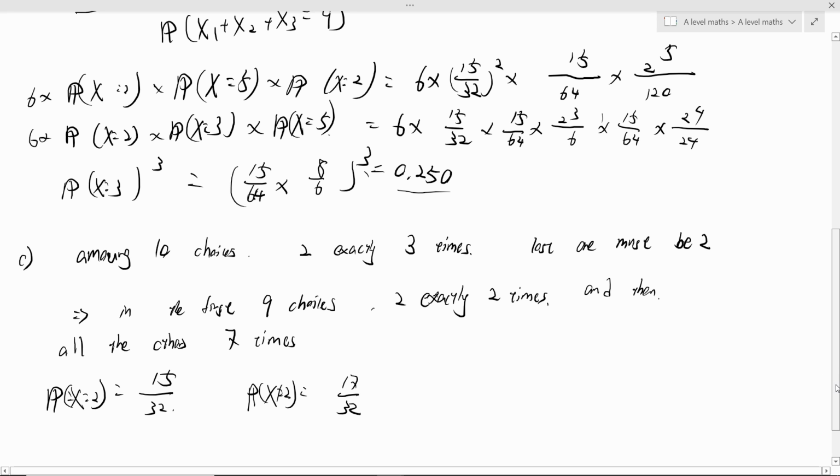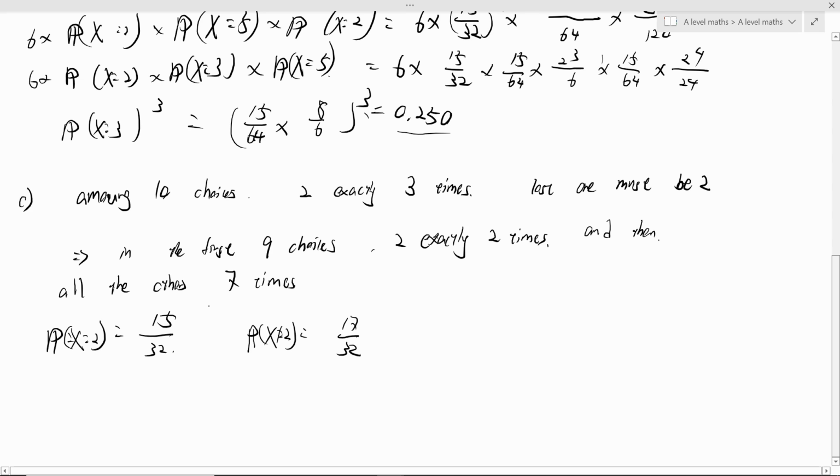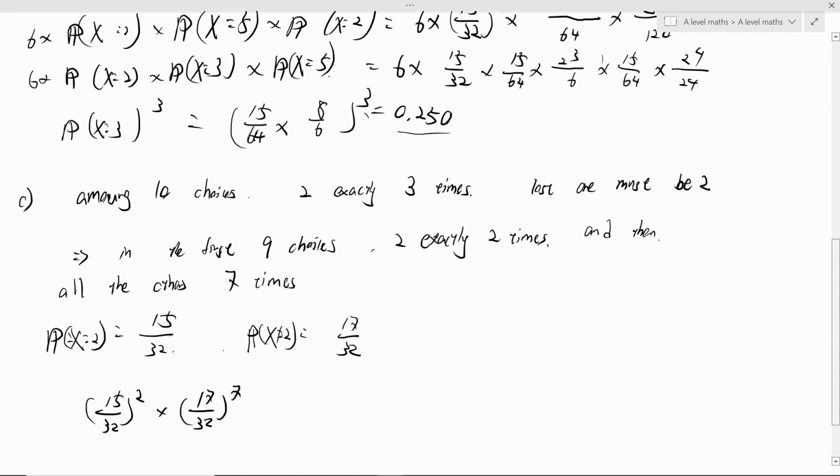And now the remaining part should be easier because we can just do (15/32) squared times (17/32) to the power of 7, right? Because we need to fill up 9 times, and 2 of them are 2, and the rest of them are not 2. We can just multiply it like this. Obviously, the last one is 15/32. Don't forget that as well.